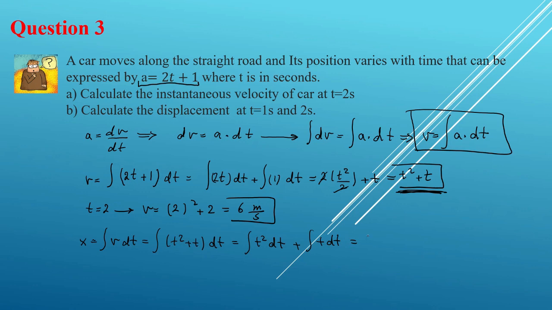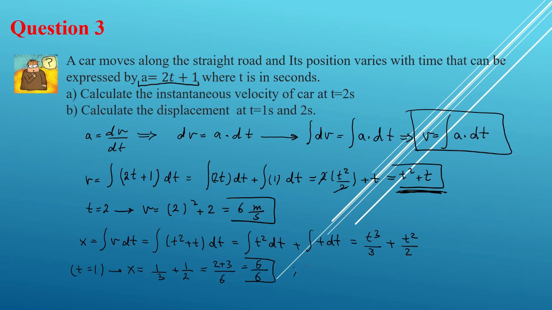So it's going to be t cubed over 3 plus t squared over 2, correct? So for t equal to 1, my displacement x here is going to be 1 over 3 plus 1 over 2, right? Which is equal to 2 plus 3 over 6, which is 5 over 6, correct?